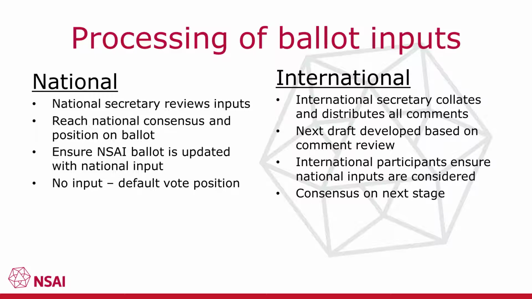For international ballots, the same process occurs, taking submissions from all national members' positions, including any Irish position, submitted to the International Secretary, who collates and distributes all comments. The next draft is then developed. This process continues until consensus is agreed at the next stage. Next slide.